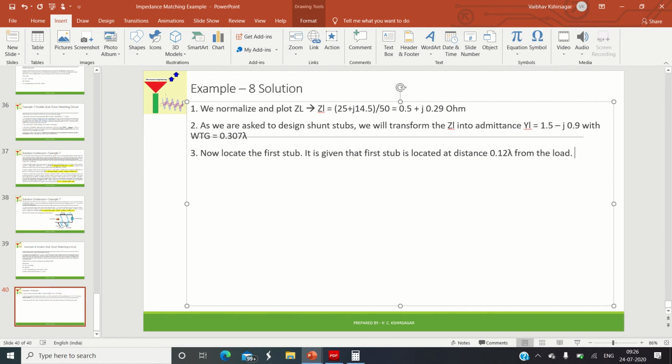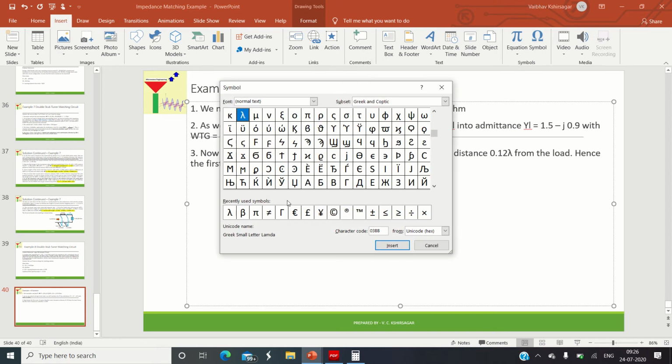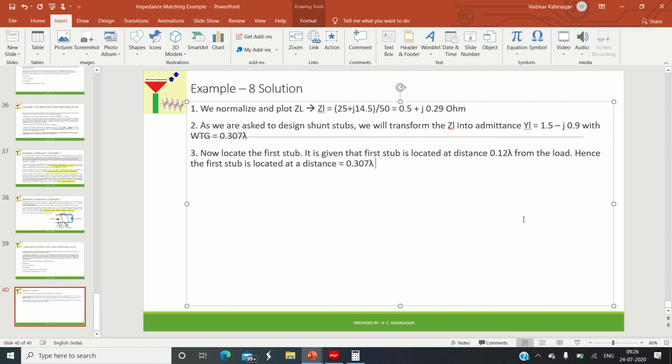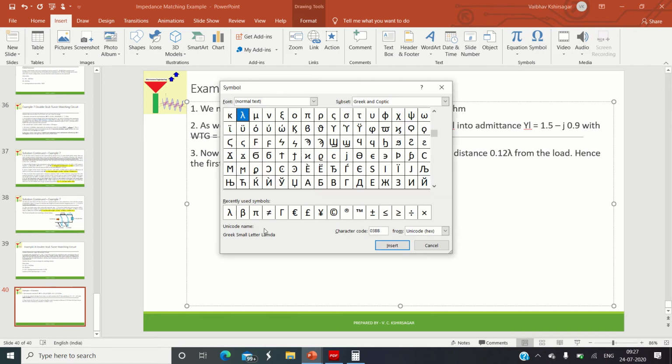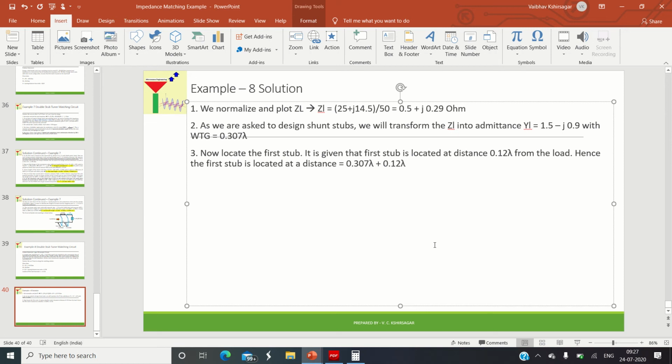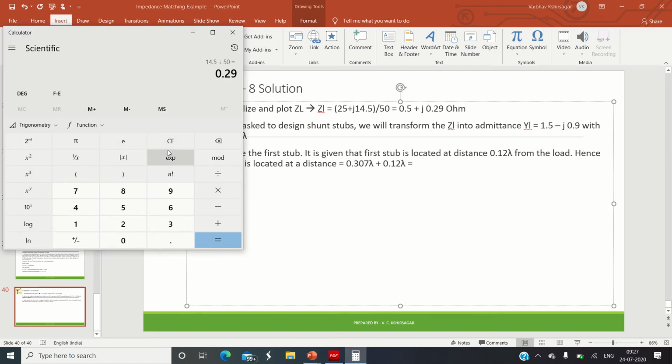Hence the first stub is located at a distance equal to 0.307, because we need to start from the load and at the load admittance the WTG is 0.307 lambda, plus 0.12 lambda, because we need to travel 0.12 lambda on the VSWR circle to get the position of the first stub. So 0.307 plus 0.12 gives 0.427.